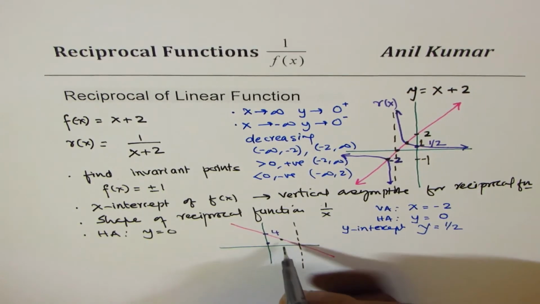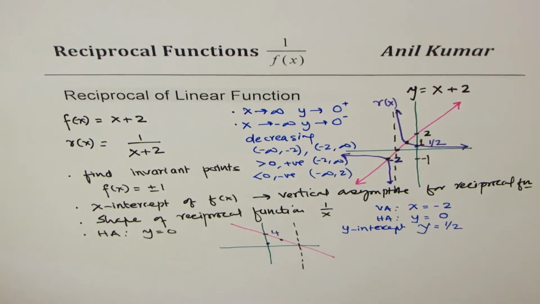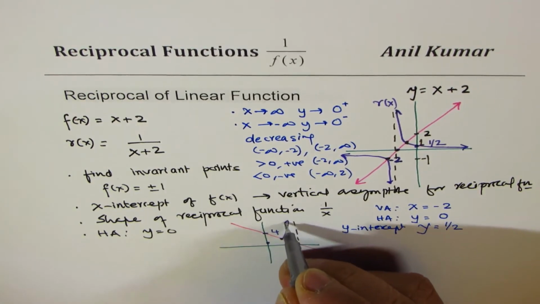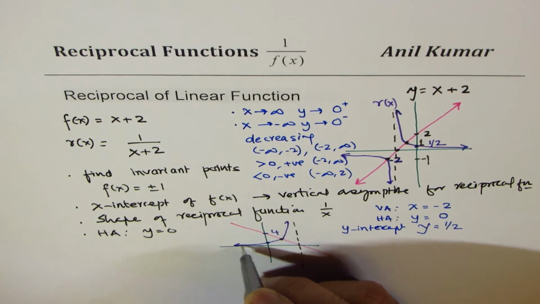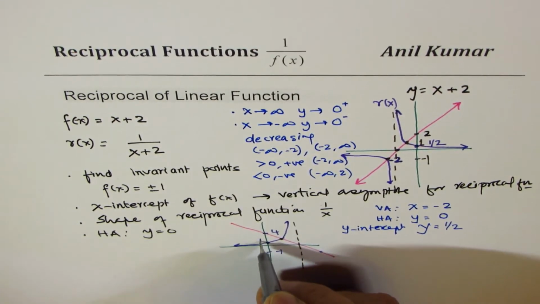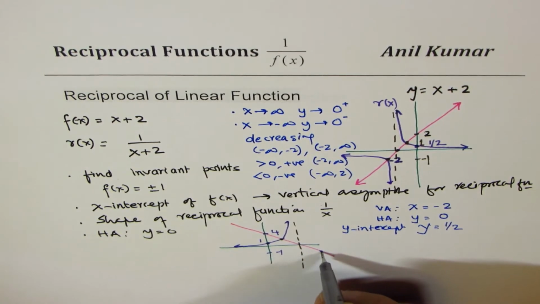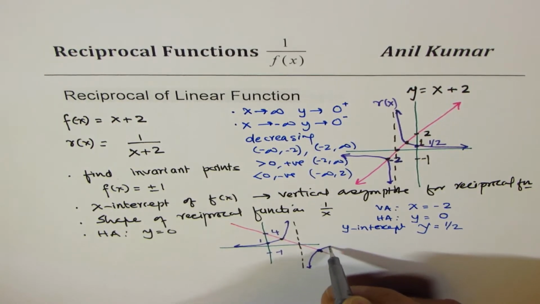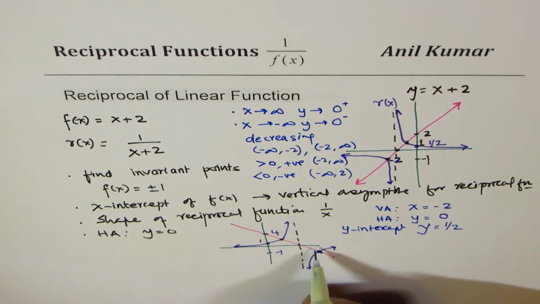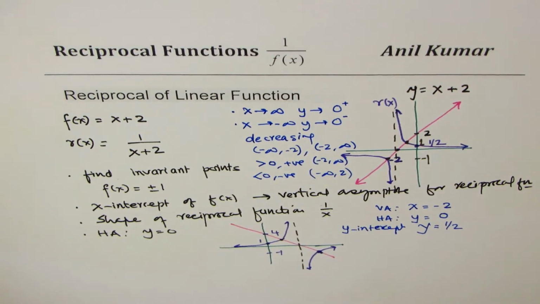Somewhere here we'll have one value also, so that becomes an invariant point. A positive reciprocal is always positive, right? And there you go. Here we'll have somewhere minus 1, correct? This is 1. So at minus 1 will be an invariant point, and the graph will be kind of like this. So that is how very easily you can always sketch the reciprocal of a linear function, correct?